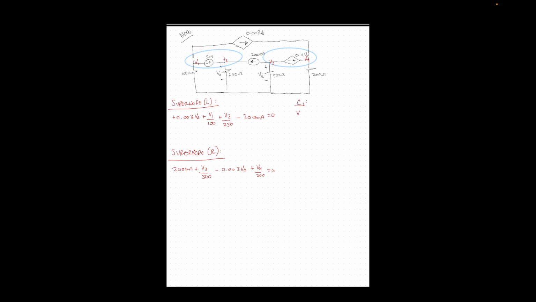Constraint 1 is going to read as V2 minus V1 equal to 20 volts. I'm going from my positive terminal to my negative terminal, positive to negative equals that voltage. Next, I'm going to write my constraint 2. My constraint 2 is going to read as V4 minus V3 equals 0.4 V naught.